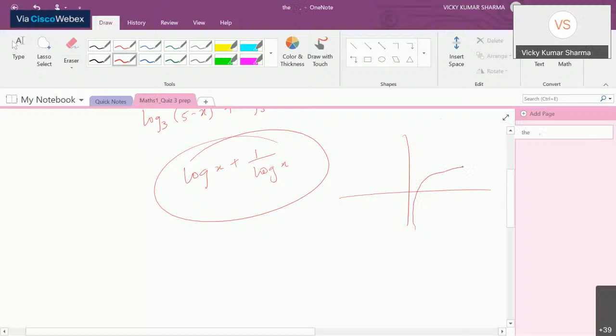And what about the 1 by log x function? It will be like when the base is between 0 and 1, but that will not cross the x-axis. The nature will be the same. Then you play around with the domain of x, and make sure that this is not violated: log x is greater than 0 and x also has to be greater than 0. Now play around with this and you will get at least a rough graph.